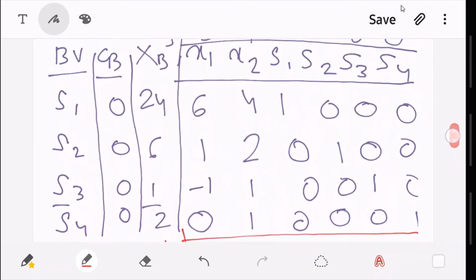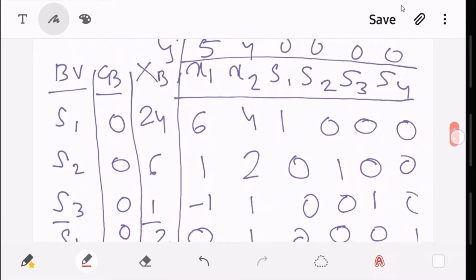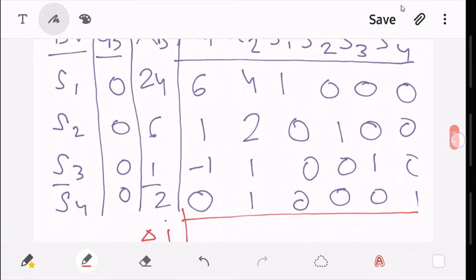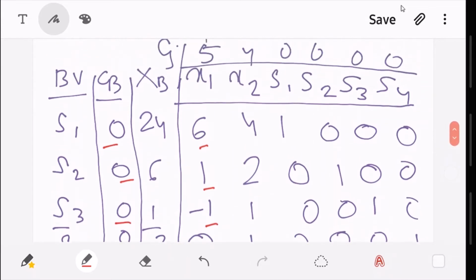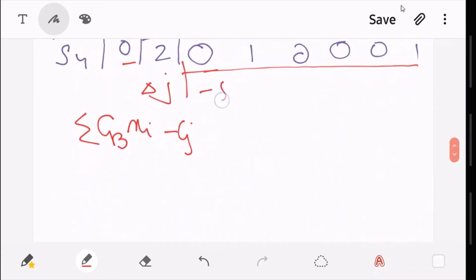So 0 into 6 plus 0 into 1, 0 into minus 1, 0 into 0 is equal to 0 minus 5 gives me minus 5.